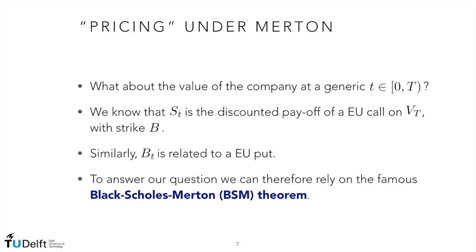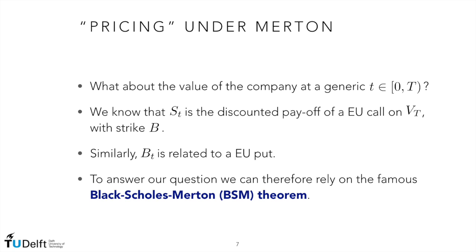Now, we may also be interested in evaluating the company assets, including equity and debt, at any time t before T. Default can only happen in T, but the assets of the company do vary over time. We know that ST and BT are related to an EU call and an EU put, respectively. Their values in t will be nothing more than the discounted values of the corresponding payoffs.